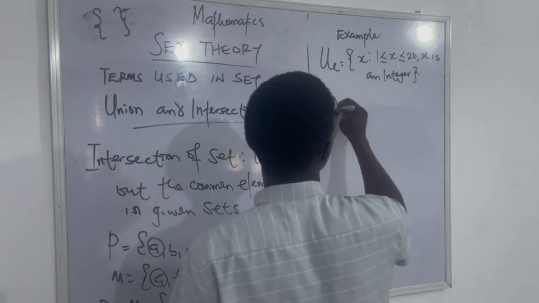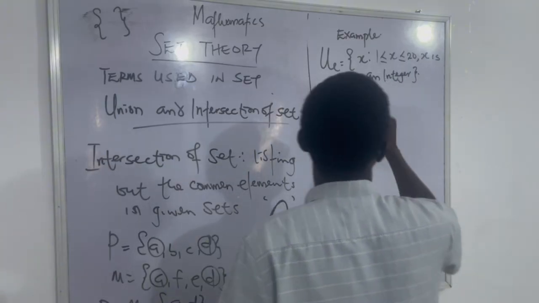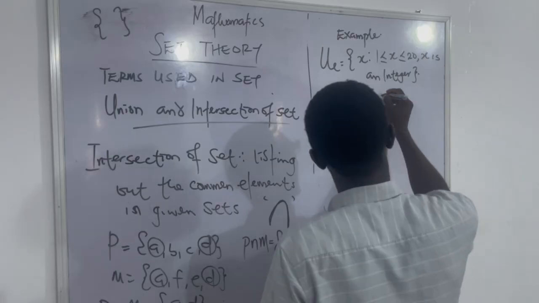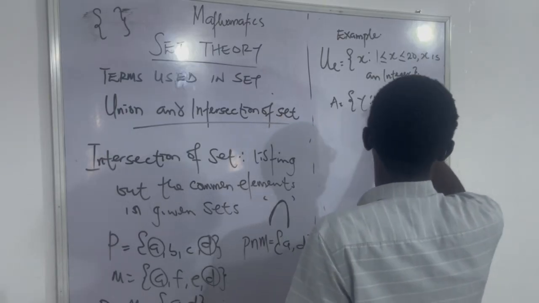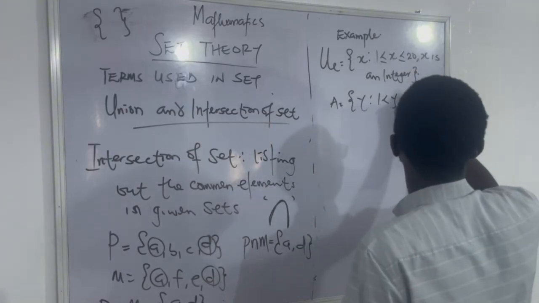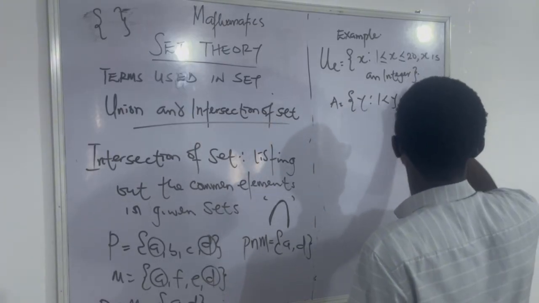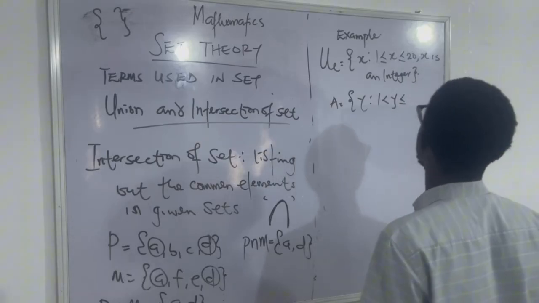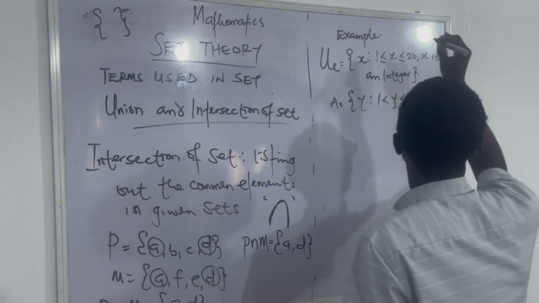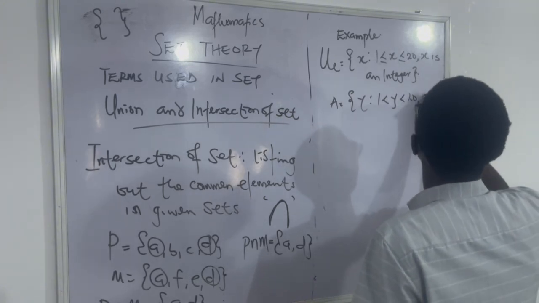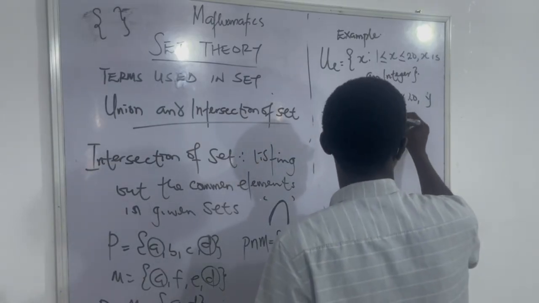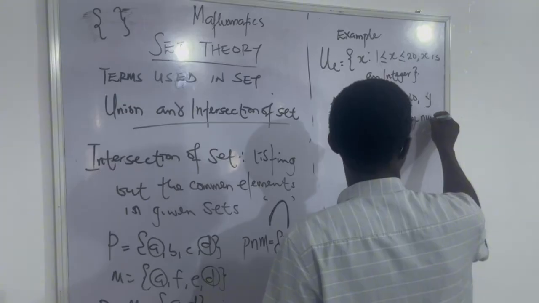Okay, and set A is y such that 1 is less than or equal to y, less than or equal to 20, where y is a prime number.